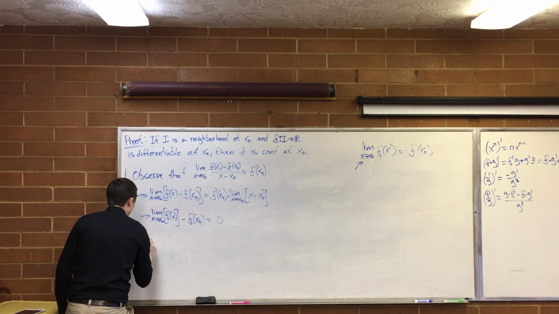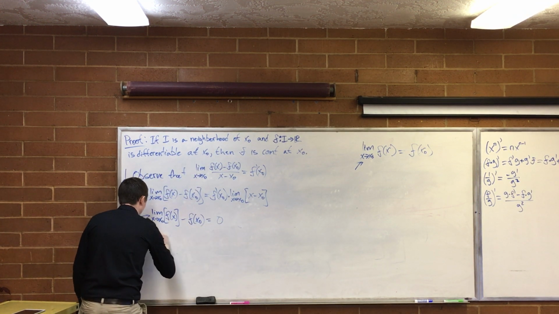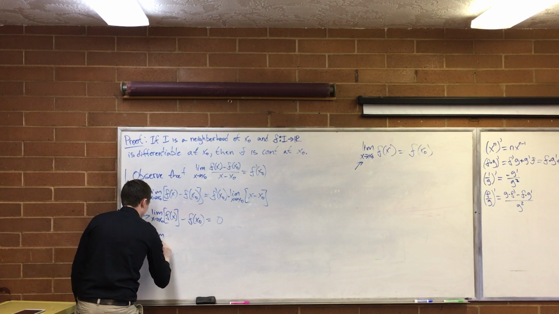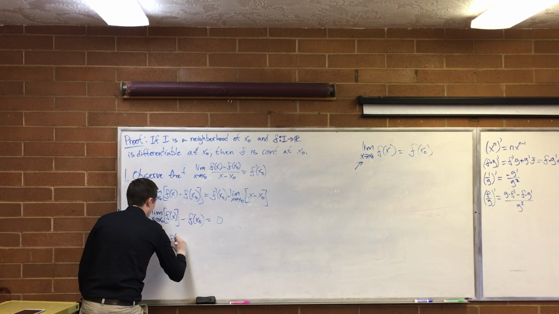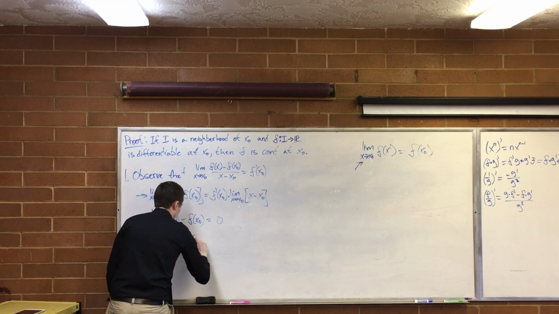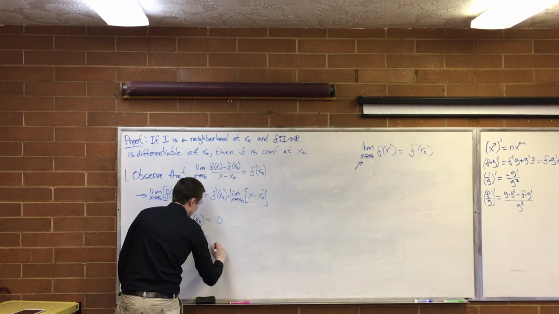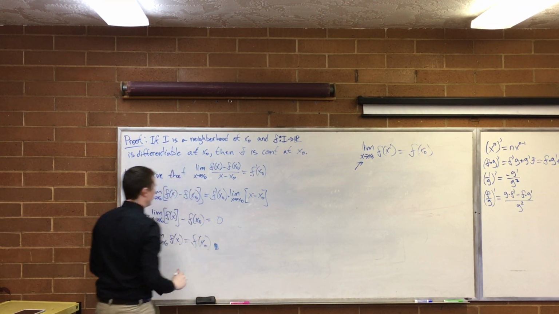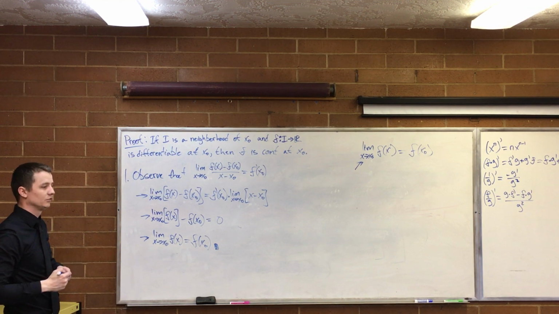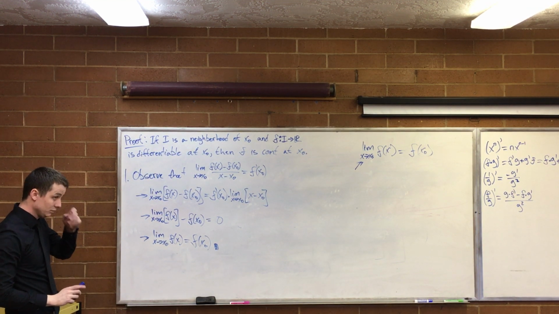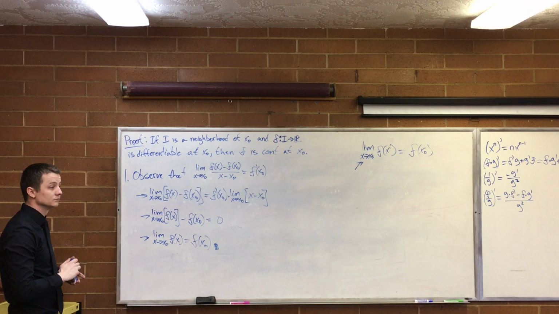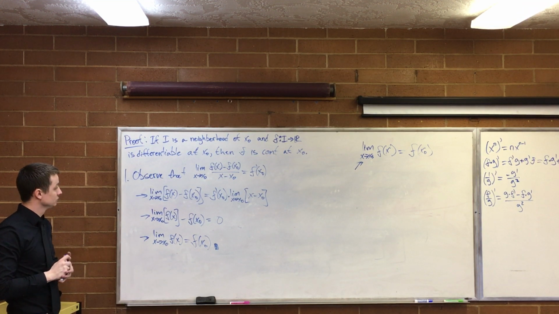And then that gives us, moving this to the other side, that the limit as x approaches x naught of f of x is equal to f of x naught, which is what we were after, right? That shows it's continuous.